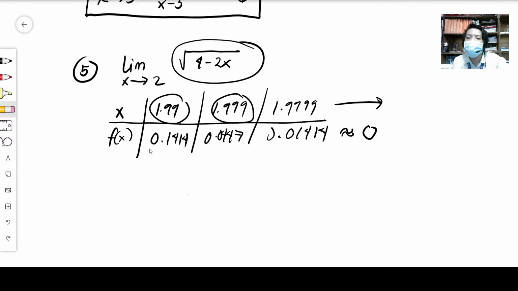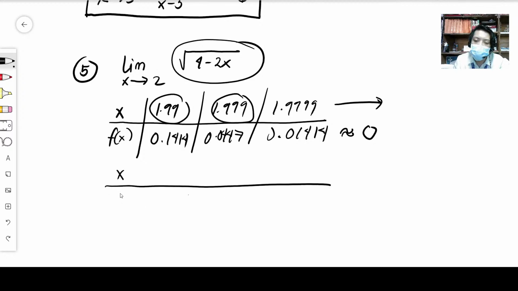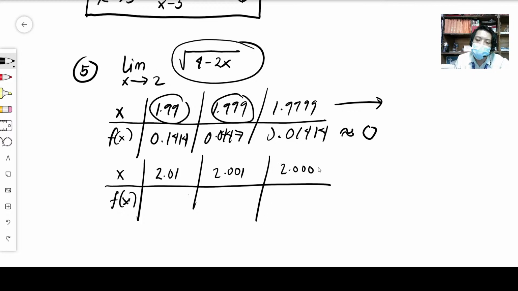How about if x approaches 2 coming from the right? The value of your f of x, for example 2.01, 2.001, 2.0001.